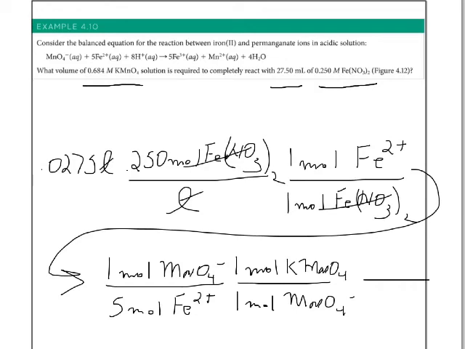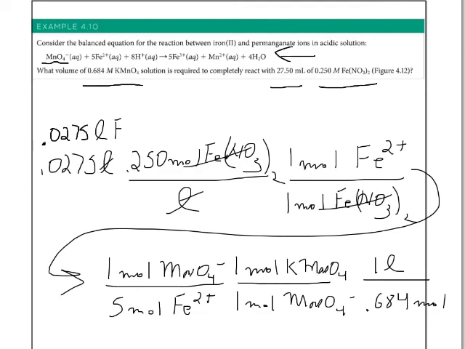Then finally, we can take into account the molarity of the KMnO4, so it is 0.684 moles of KMnO4, which I've kind of run out of room, per liter of KMnO4. So when I multiply all of this, I will get the answer, so I'll just pause for a second and do that.